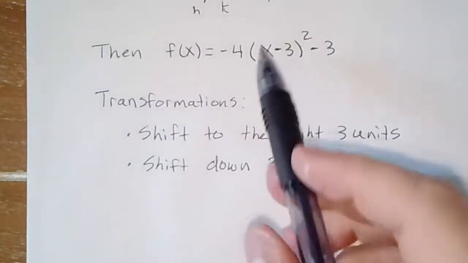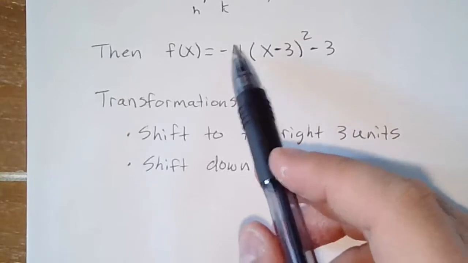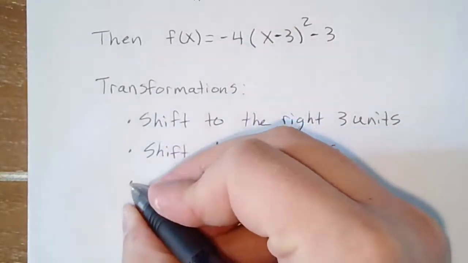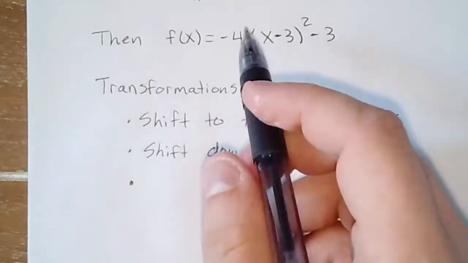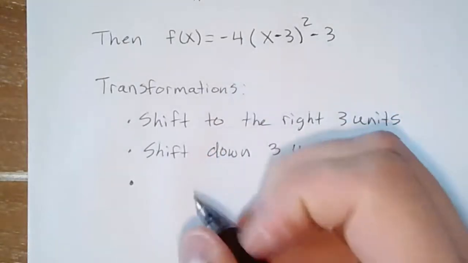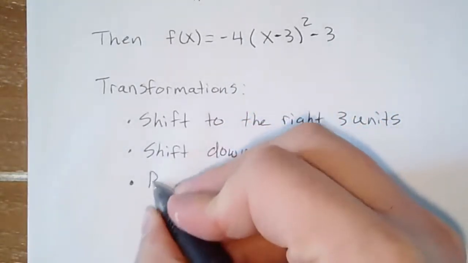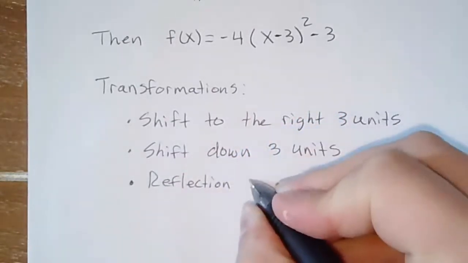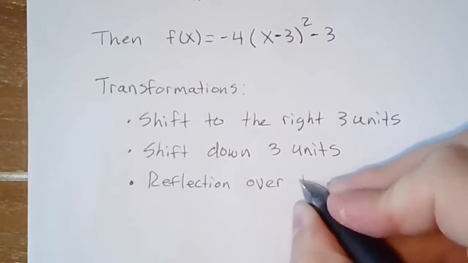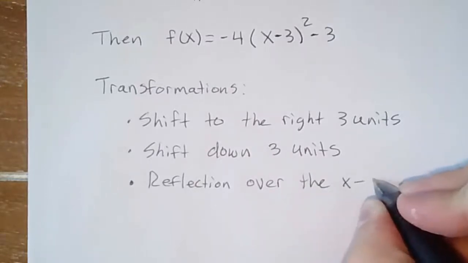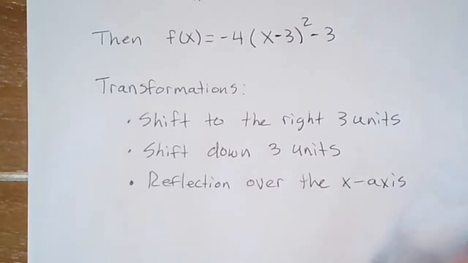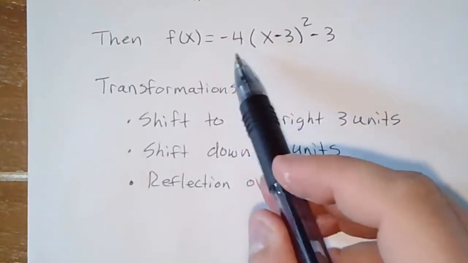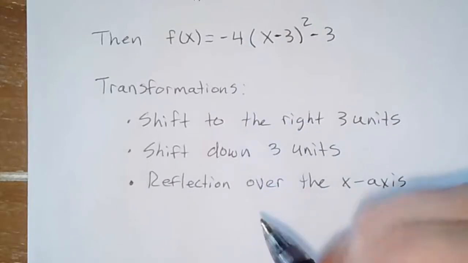I make my way over here, and then I have 2 things that are actually happening. One is that this negative sign tells me that I have a reflection over the x-axis. And last but not least, this 4 here represents a vertical stretch.